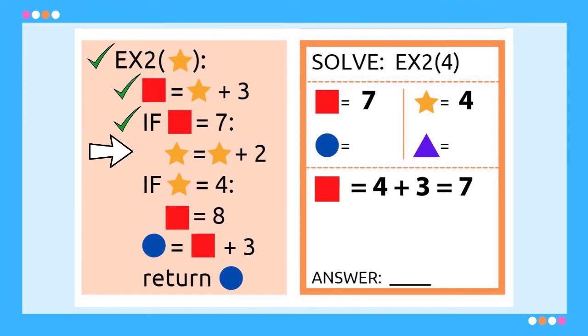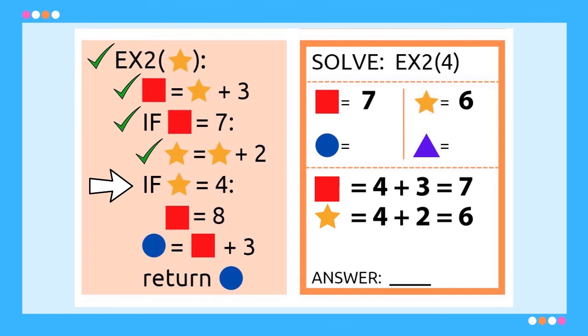How can something equal itself plus 2? Well, this is just another way that we can update a variable. Star currently equals 4, so I'll write down in my scratch work that my new star is going to equal the old star, or 4, plus 2. So star now equals 6. And in the variable space, I'll replace my 4 with a 6.